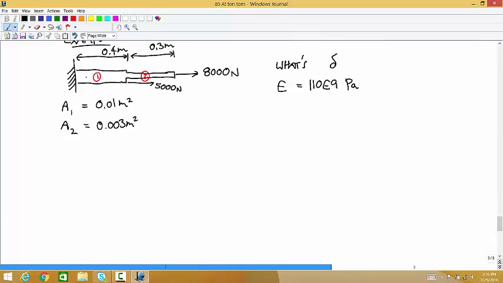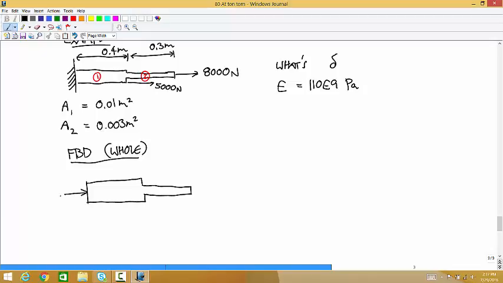Okay, well, the first thing we have to do is calculate the internal loads, and that means we have to calculate that external load at the wall. So if I do a free body diagram of the whole thing, we have a force here that we don't know yet.